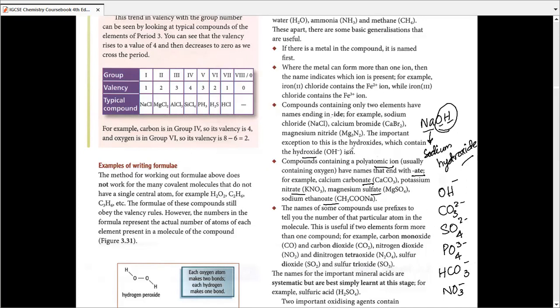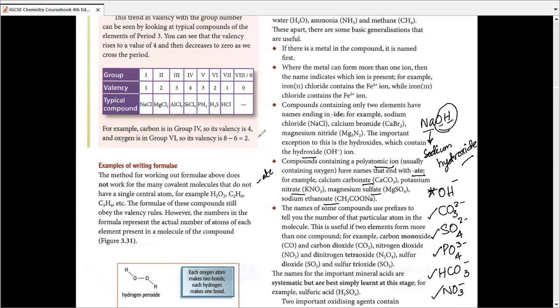And again, the only exception is hydroxide, in which the name ends in IDE. So that's the only exception. For the rest of them, the name ends in ATE, whether it's carbonate, sulfate, phosphate, hydrogen carbonate, nitrate, ethanoate, the list goes on. So for polyatomic ions, the names end in ATE.